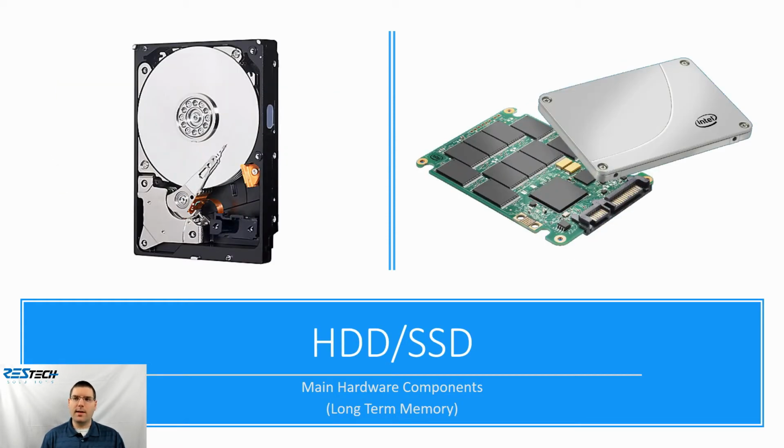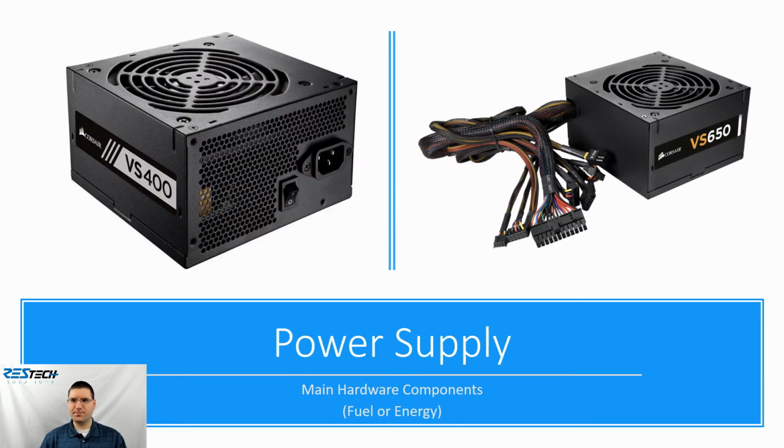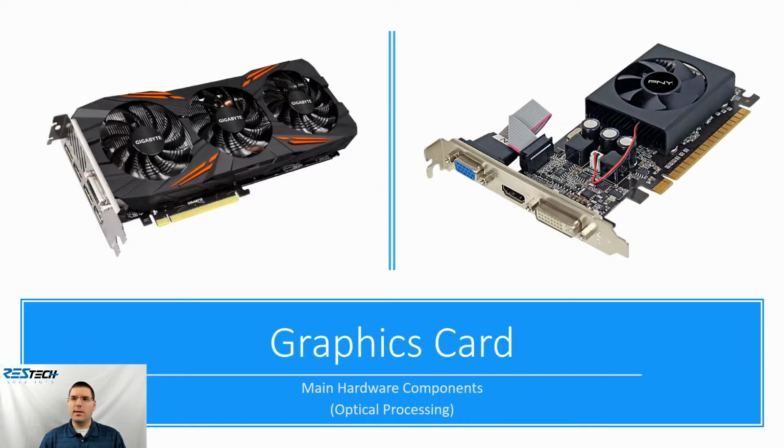And then followed by that is our hard disk drive or hard drives or the solid state drives, and that's going to be your long-term memory, a permanent storage, whereas the RAM before this is only a temporary storage medium and is only able to store information when it has power running to it. Our power supply, think of that as the fuel or energy, which provides power to the system to make everything function. And then we have our graphics card, which is kind of like the optical processing.